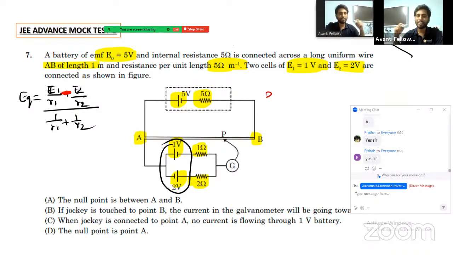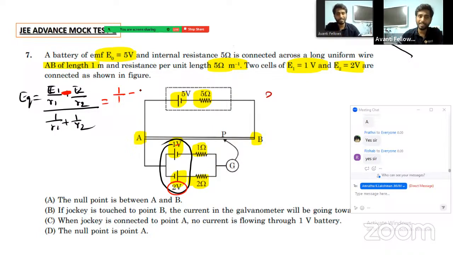Correct है ना? If we write negative here, look at the first one, E1 by R1. E1 is 1 volt, उसका internal resistance is 1 ohm, means 1 by 1, minus E2 का EMF है 2 volt, उसका resistance है 2 ohm.